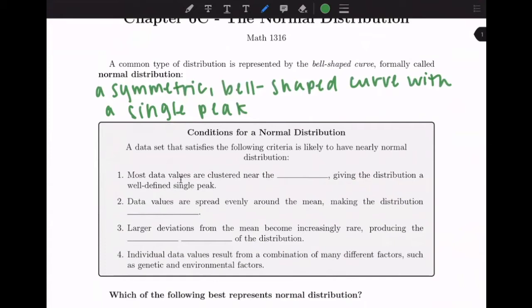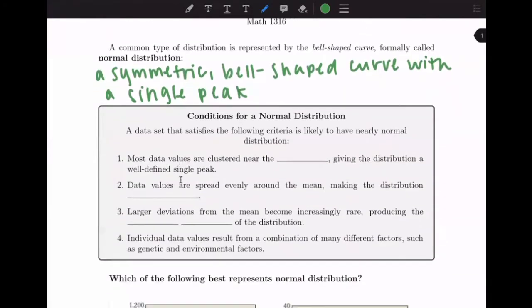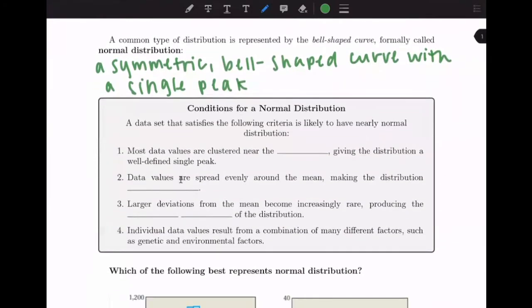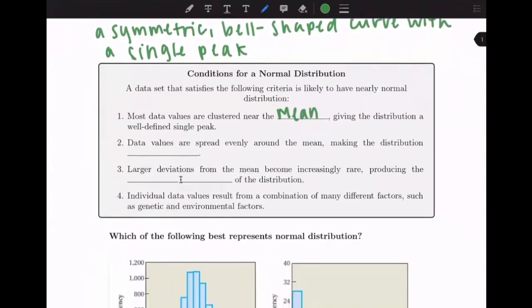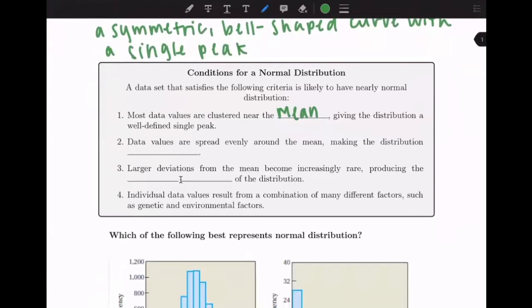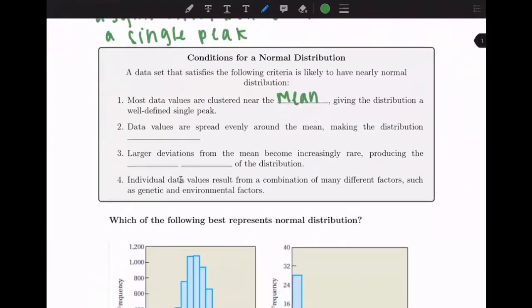A data set that satisfies the following criteria is likely to have normal distribution. Number one, most data values are clustered near the mean, giving the distribution a well-defined single peak. Second, data values are spread evenly around the mean, making the distribution symmetric.